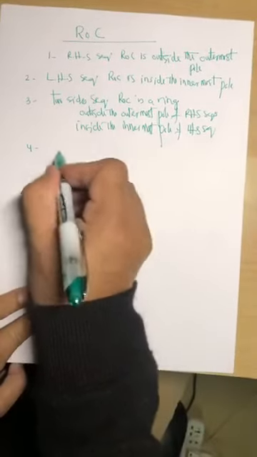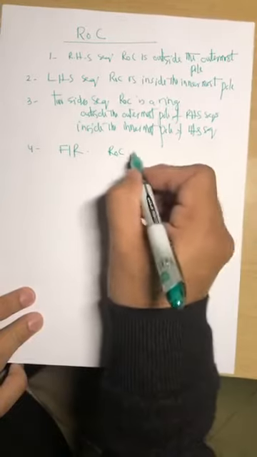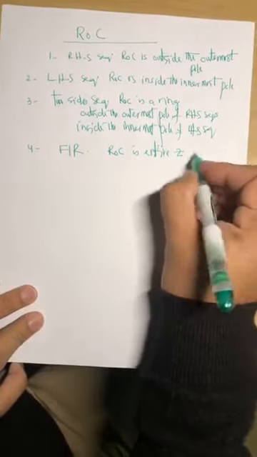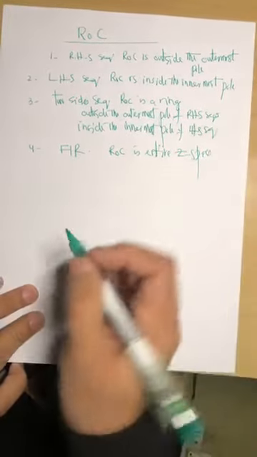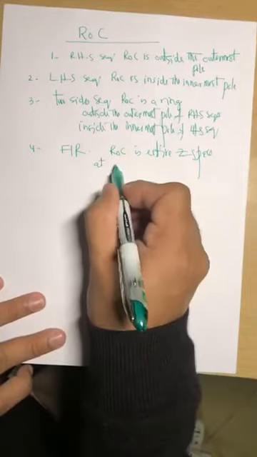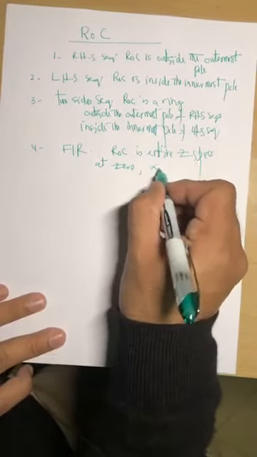For FIR, where there is no pole, the region of convergence is the entire Z space. Okay, there may be a pole at 0 that is excluded or infinity is excluded.